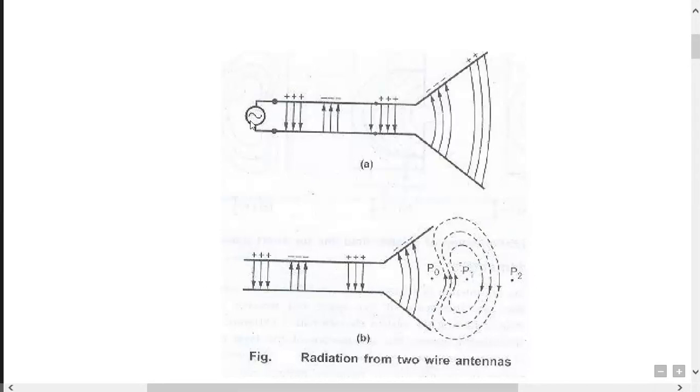So the initial disturbance is caused by this source. Once the electromagnetic waves are generated, they travel through the transmission line and enter into the antenna. If we remove the source, they continue their travel, even if the electric source has ceased to exist.